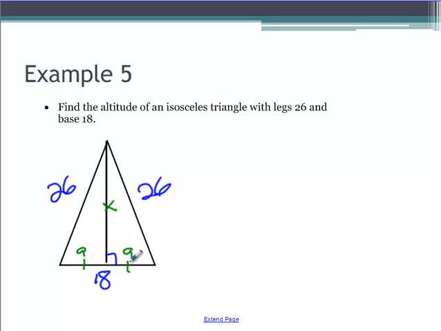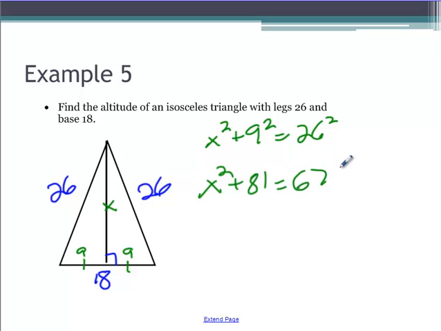So I'm looking for one of my sides. I'm going to look at just half of it. 26 is the hypotenuse, so a squared plus b squared equals c squared. 9 squared is 81. And 26 squared is 676.